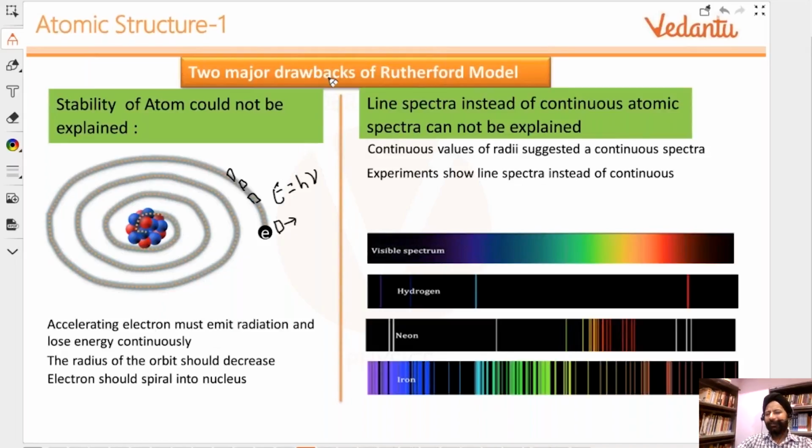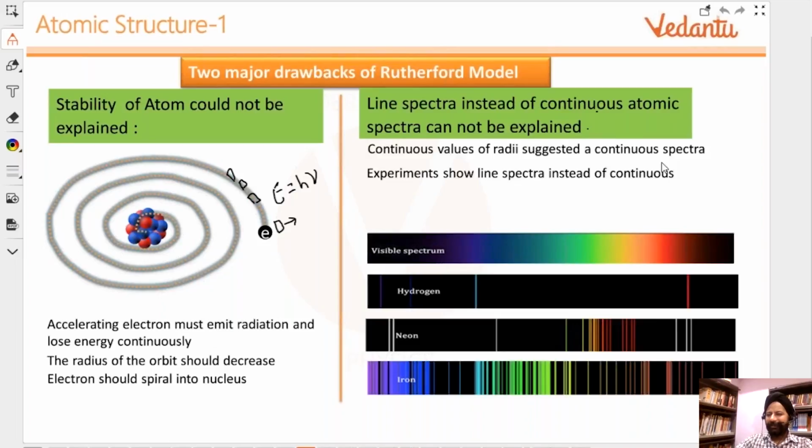So the photons emitted should be in a continuous spectrum. But what you notice instead is that if you look at hydrogen, you have certain lines in there. There is nothing except these lines, as if this was quantized. Same thing with neon and iron. Whenever you see these spectral lines, they're quantized.